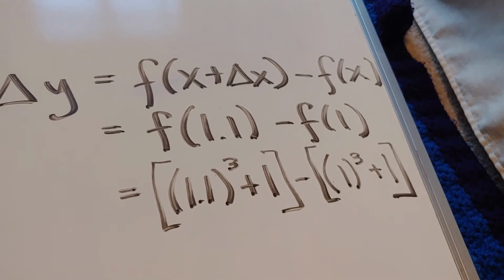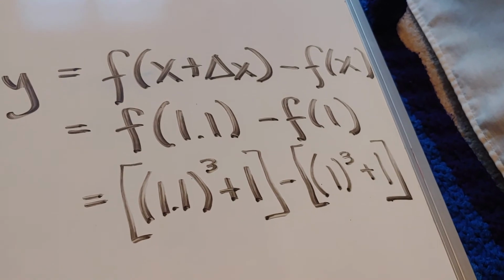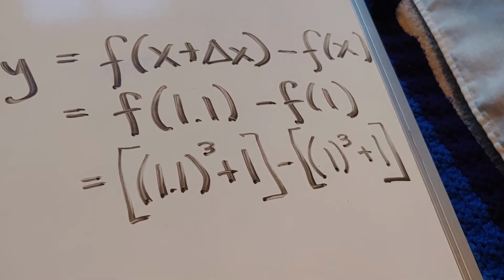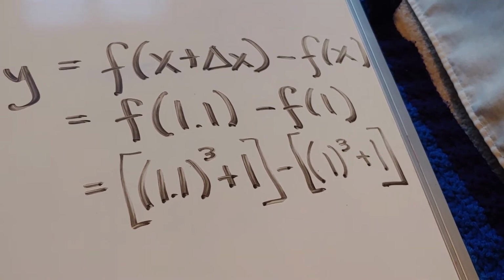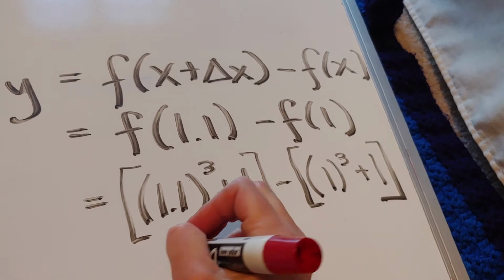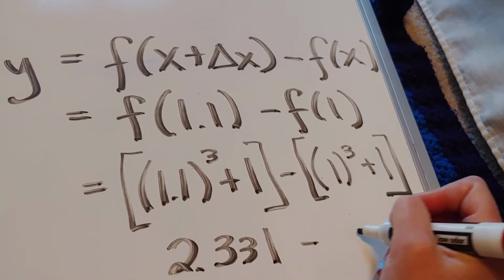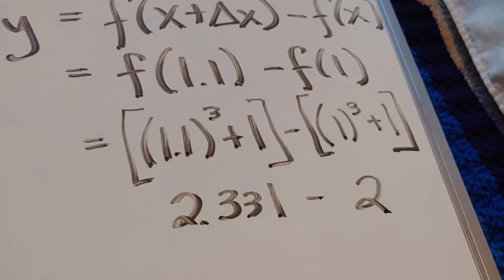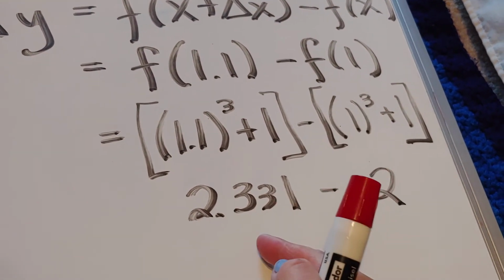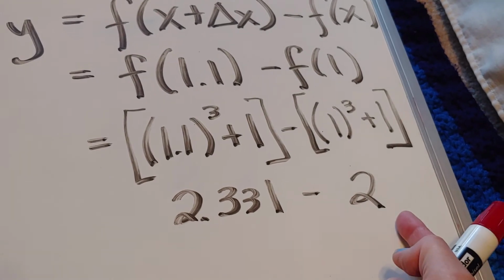All right, if we do this calculation, what we're going to get is 2.331, and this will be 2. So this is the y value at x is 1.1. This is the y value at 1.